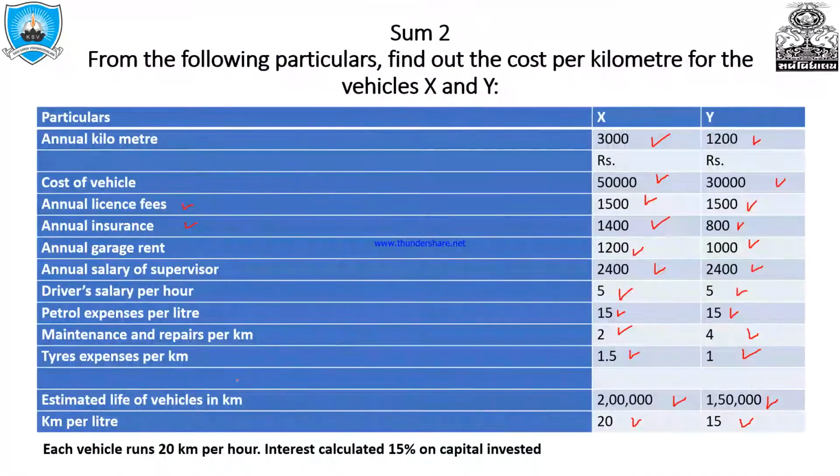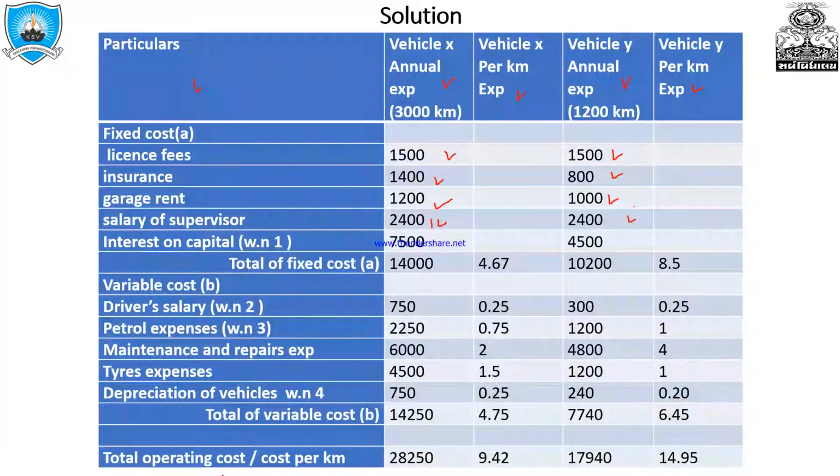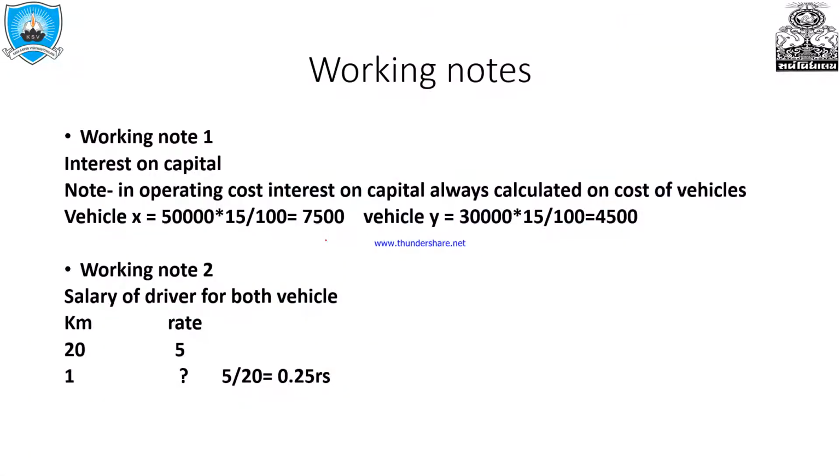Now, in this sum, interest is calculated at 15% on capital invested. Interest is of a fixed nature; it is a fixed expense. Let's write a working note to find the value of interest on capital.